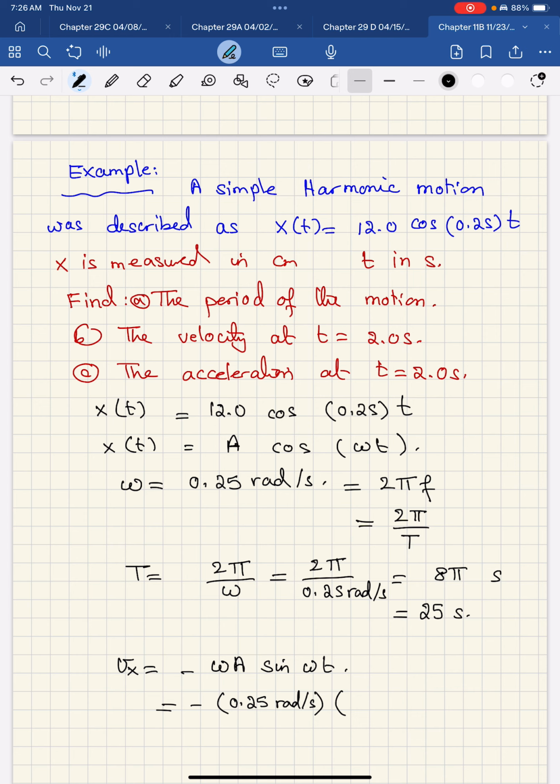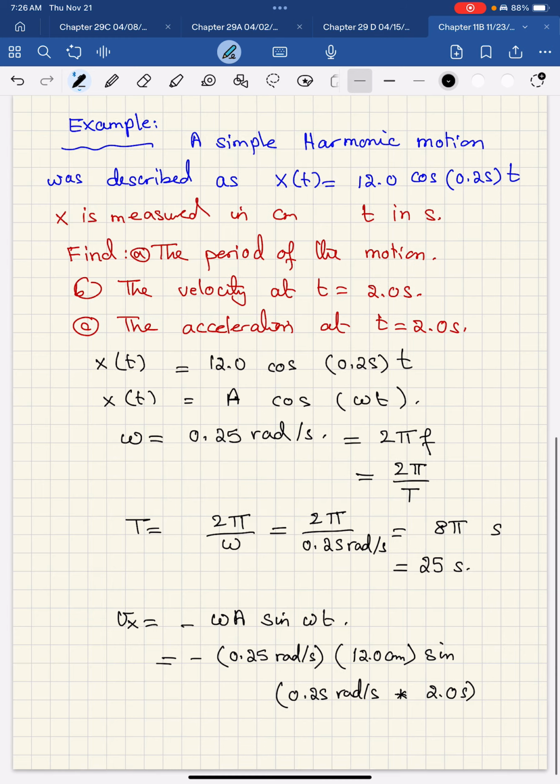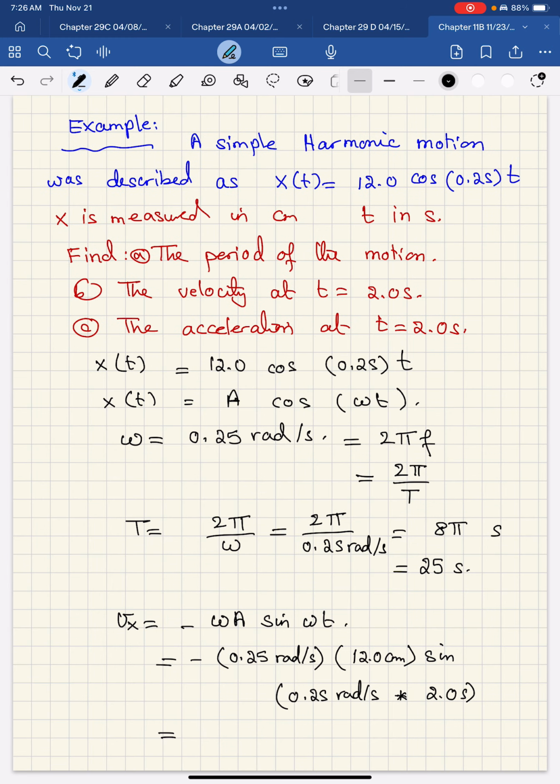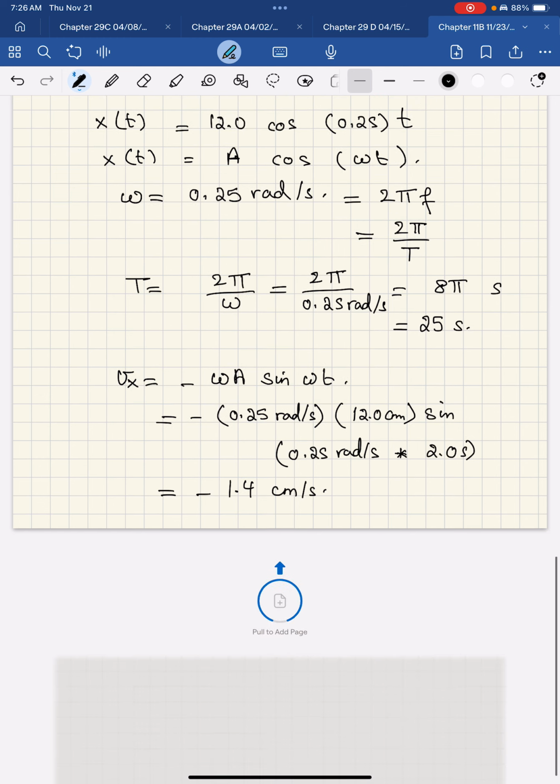The amplitude is 12 centimeters. Sine of 0.25 radians per second times 2 seconds. This will be negative 1.4 centimeters per second.